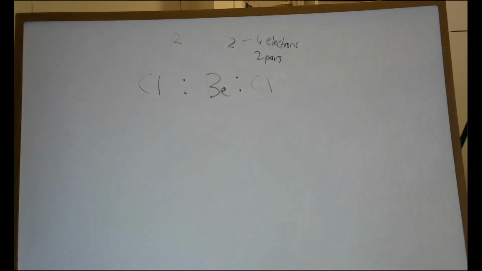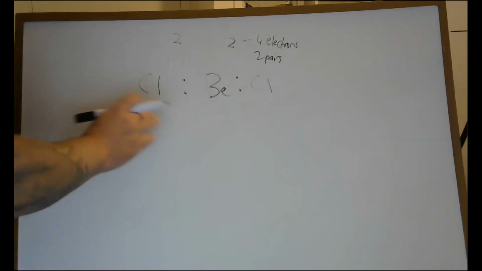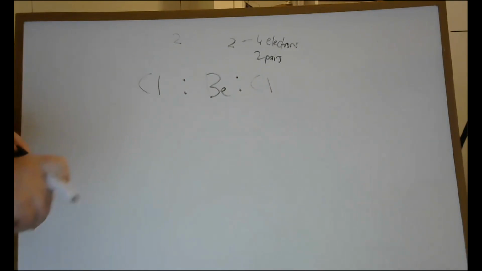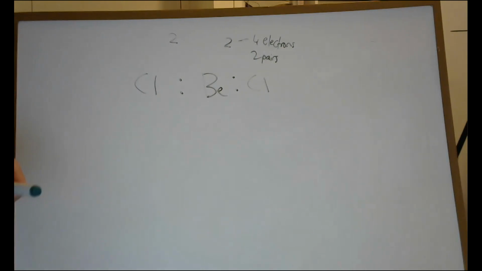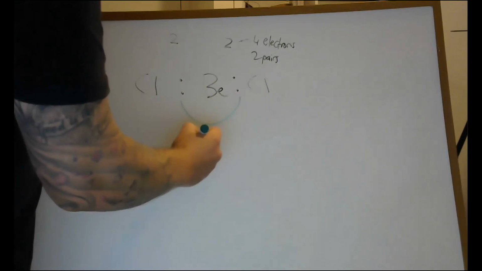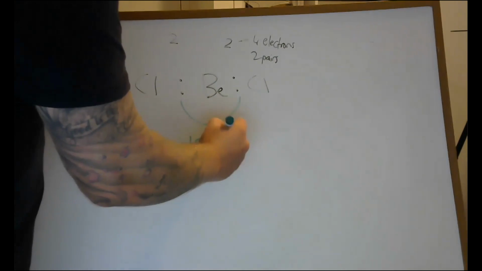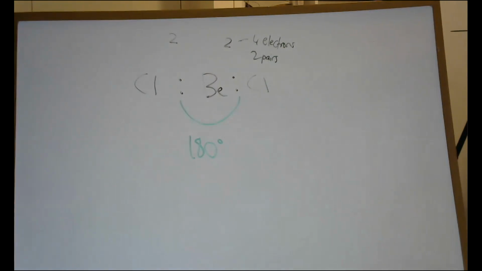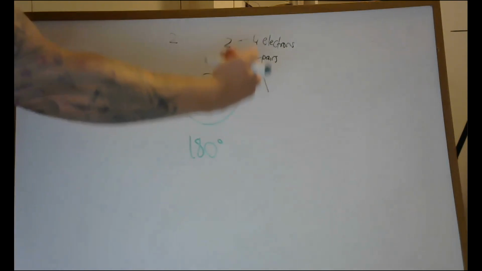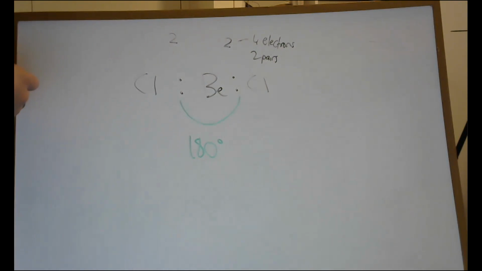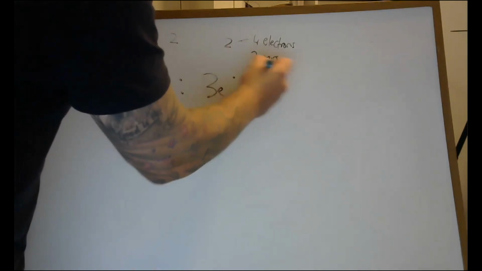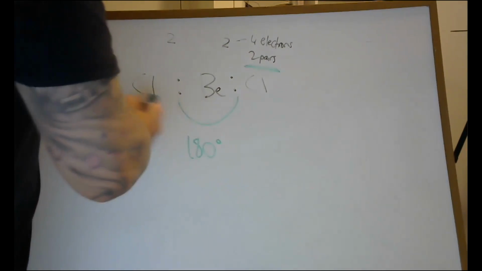So beryllium chloride will be a linear molecule. The bonds are at 180 degrees from each other because they're physically trying to be as far apart as possible. So 2 pairs is linear.